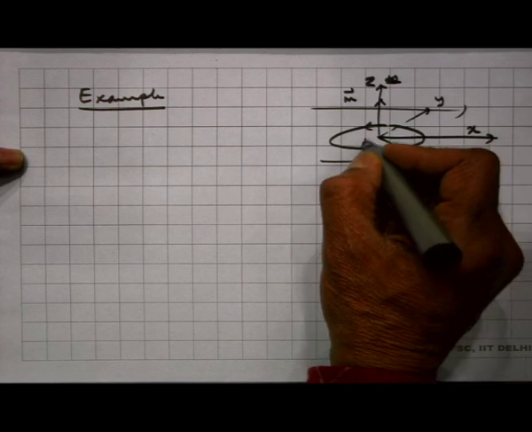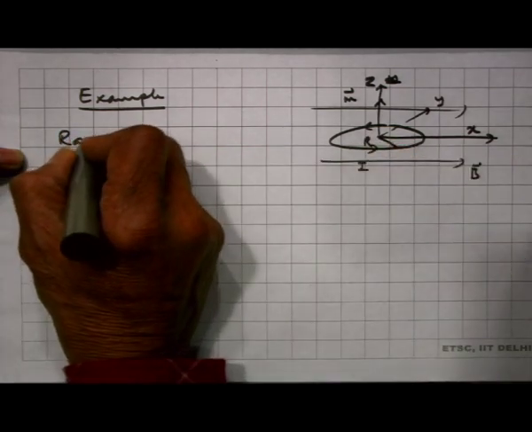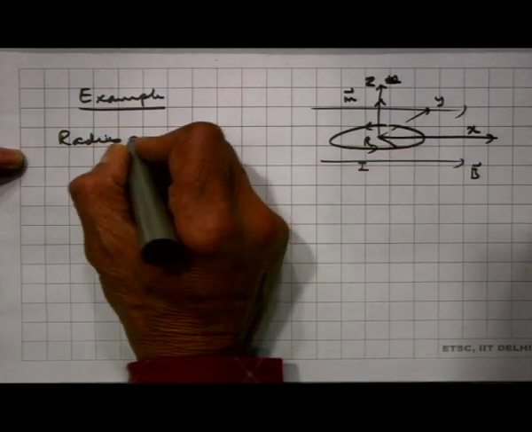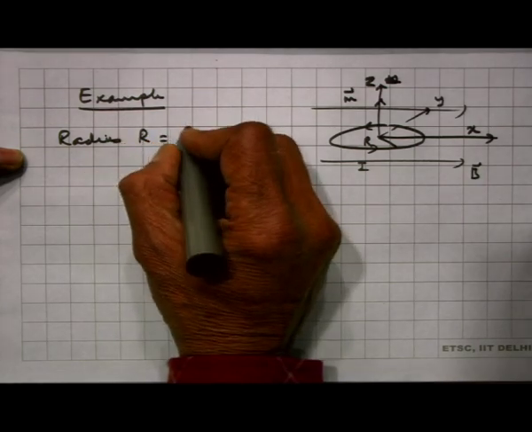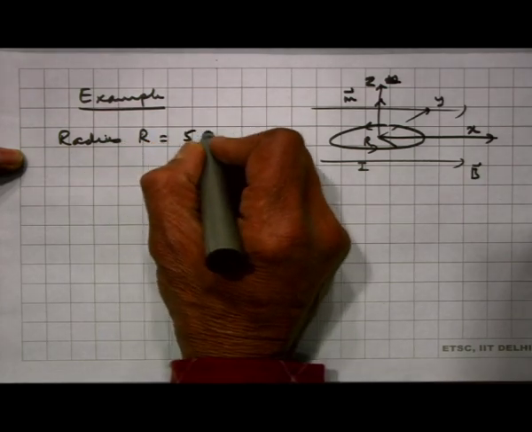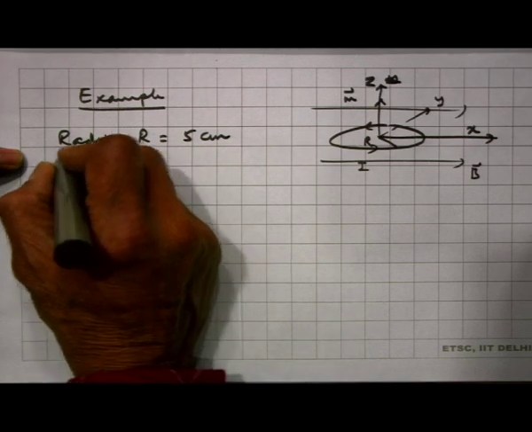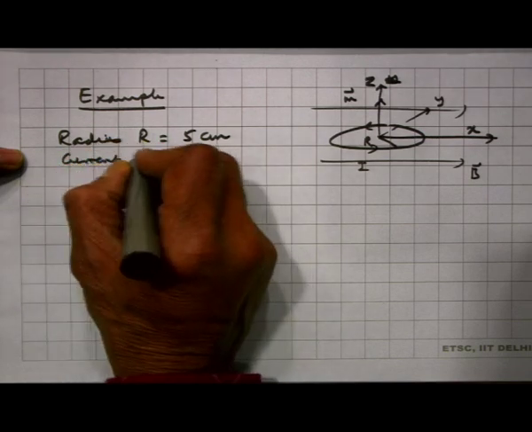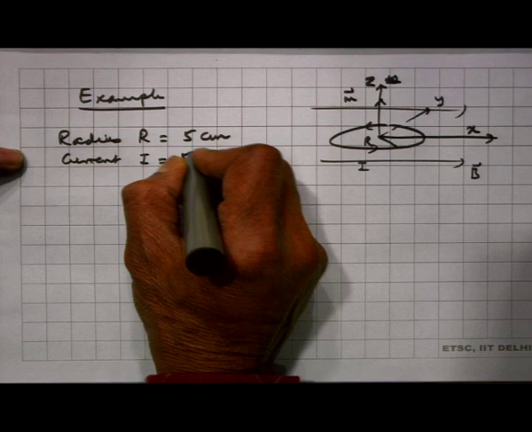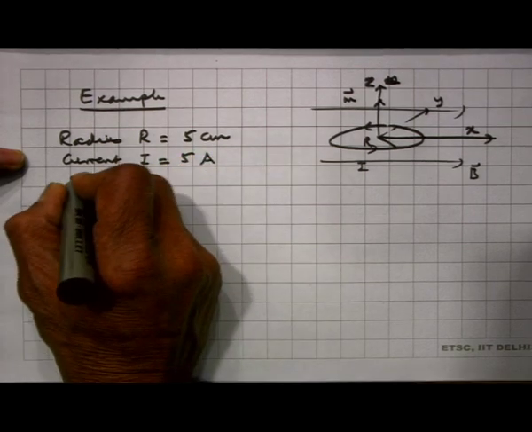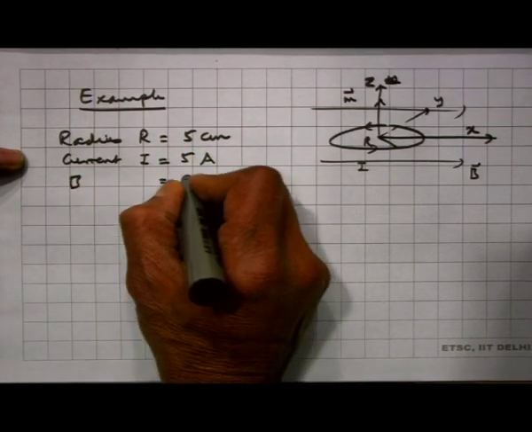So, radius r is equal to 5 centimeter, current I is equal to 5 amperes, and let me assume a magnetic field of 0.1 Tesla.